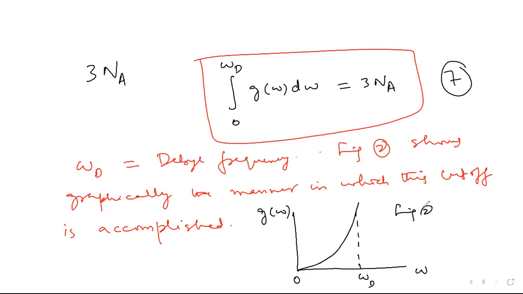This is my figure 2. This shaded area under this curve is simply the number of modes, which is this integral. And this number of modes, Peter Debye equated with 3N_A, right?